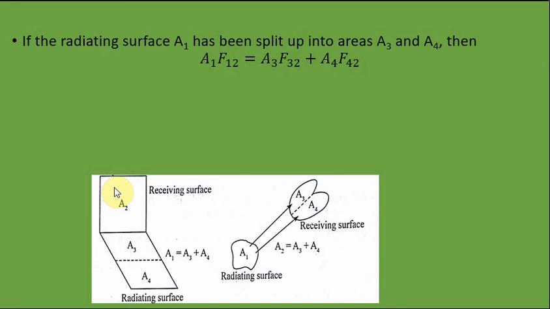The view factor relation for these bodies can be written as A1 F12, that is the entire area, and the view factor of A1 with respect to 2 can be written as A1 F12 equals A3 F32 plus A4 F42.